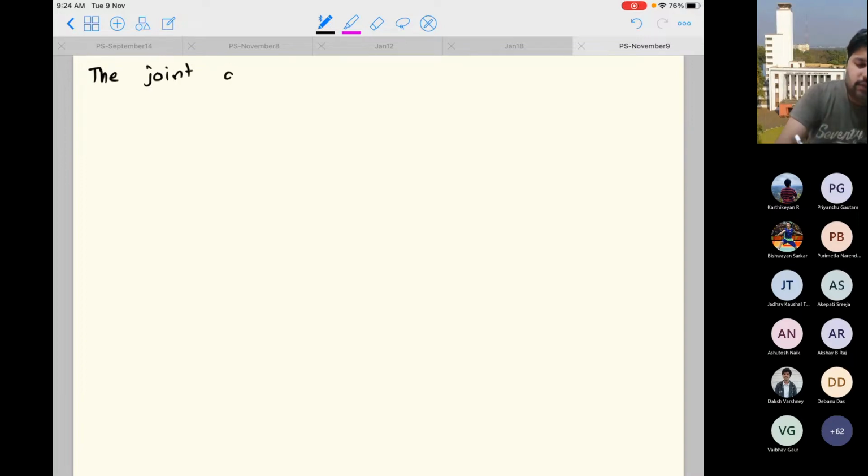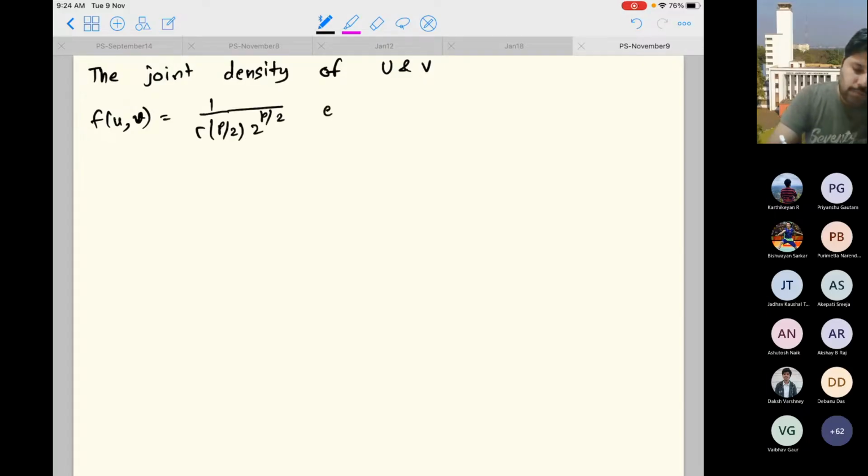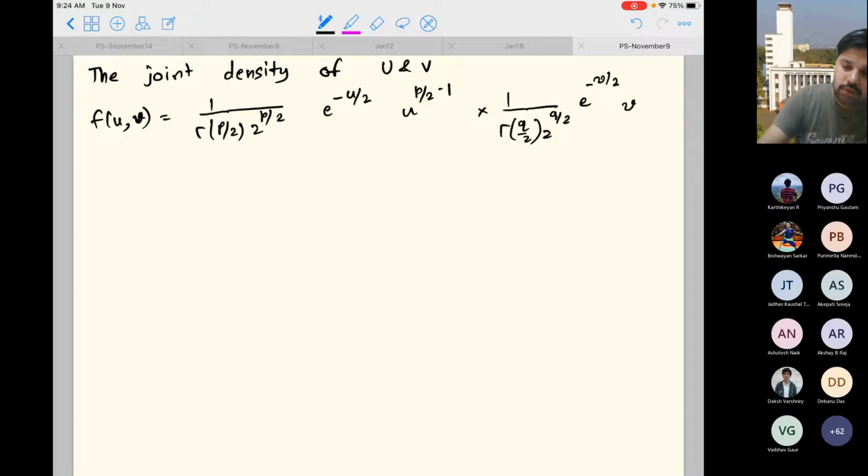You just check and tell me if it is correct. The joint density of u and v, f(u,v), is equal to 1 upon Γ(p/2) 2^(p/2), into e^(-u/2) u^(p/2 - 1), and the same thing I have to write for v: 1 upon Γ(q/2) 2^(q/2), then e^(-v/2) v^(q/2 - 1).